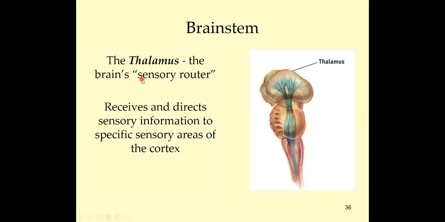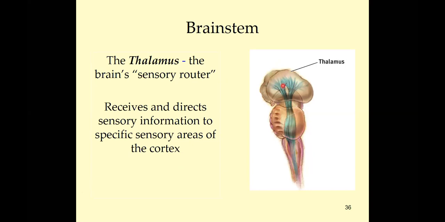Next, we have the thalamus. A lot of times they'll call this the brain's sensory router. So sensory information, touch, hot, cold, and so forth, feeling from the body, arrives here at the thalamus. And also vision and hearing and so forth all pass through here.